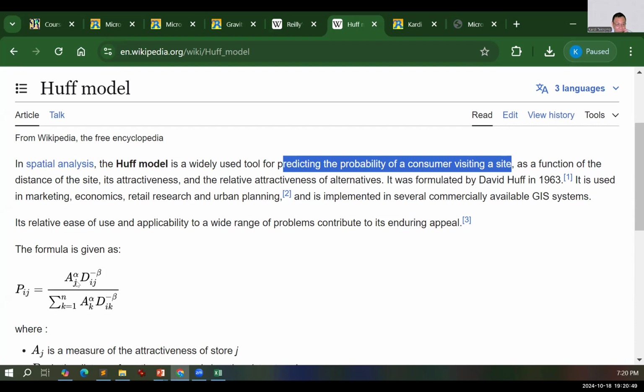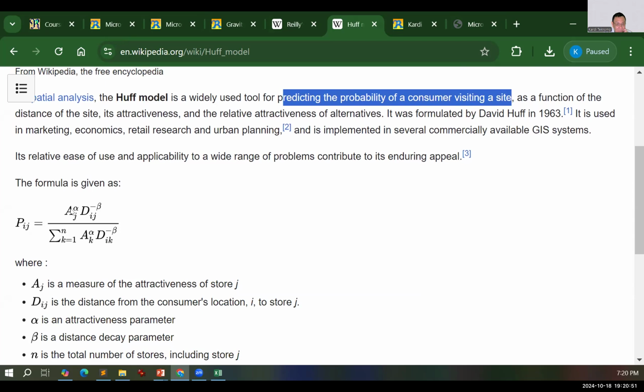A here represents the attractiveness of the store, and D represents the distance between the customer location and the store. This is basically a generalized cost model. Attractiveness multiplied by generalized cost divided by the sum represents the probability, right?